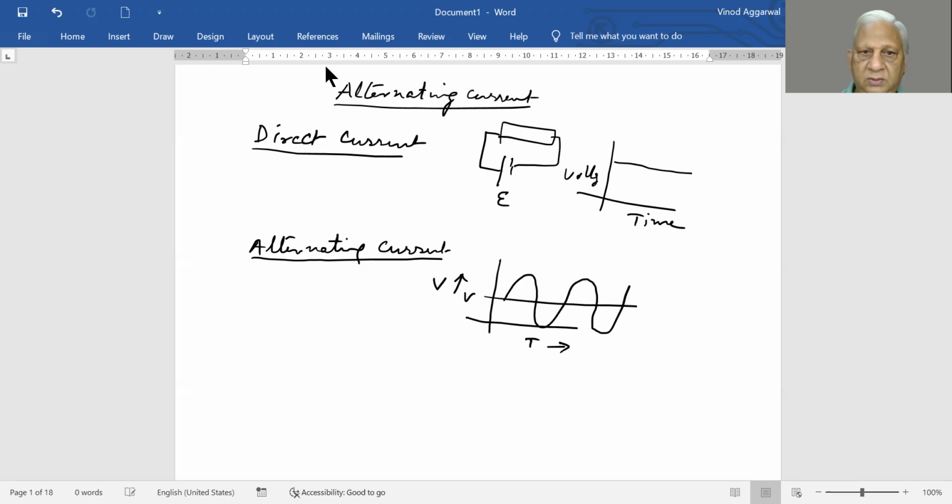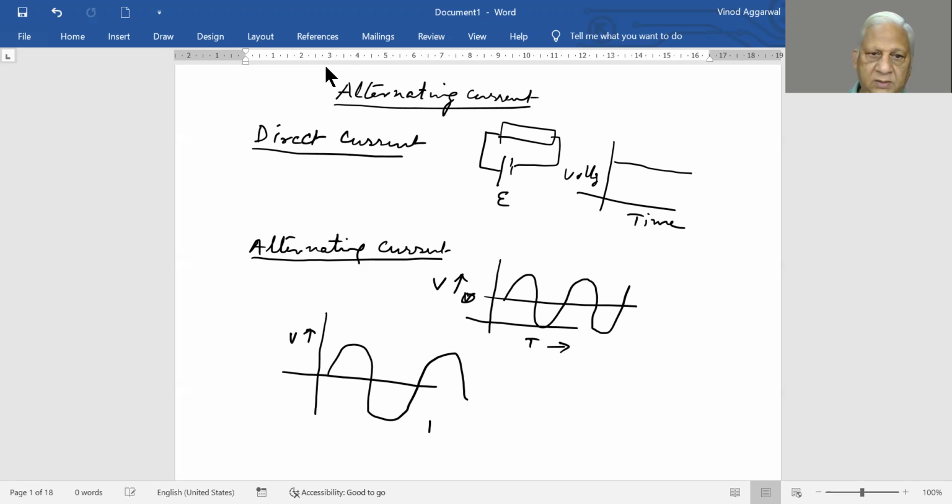If you want to draw it through the origin, it looks something like this. This is voltage, this is time.